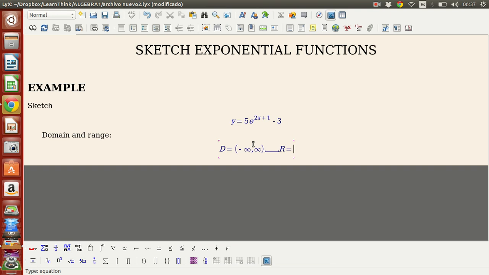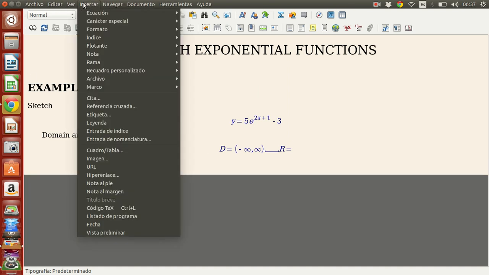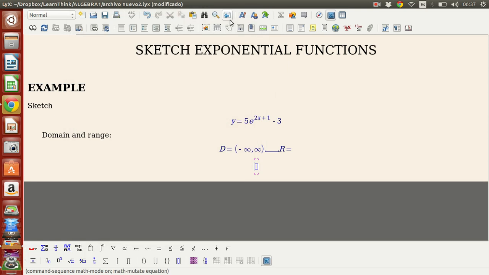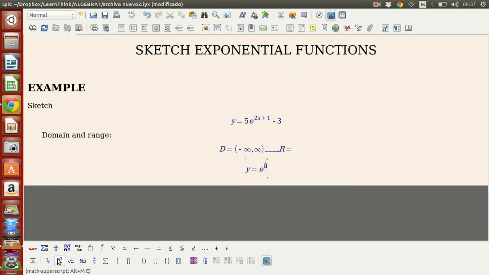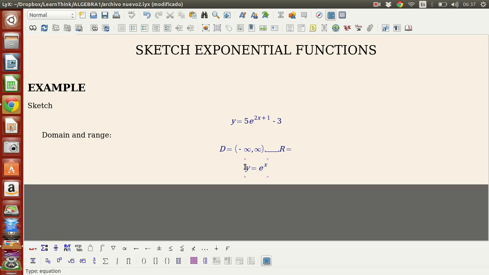Now the range. How to determine the range? The exponential function has an asymptote. For an exponential function of the form y equals e to the x power, the asymptote is 0.